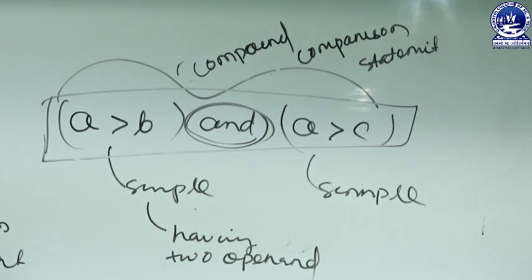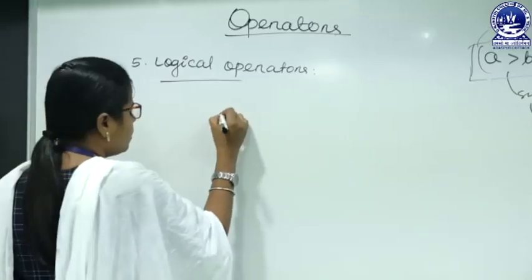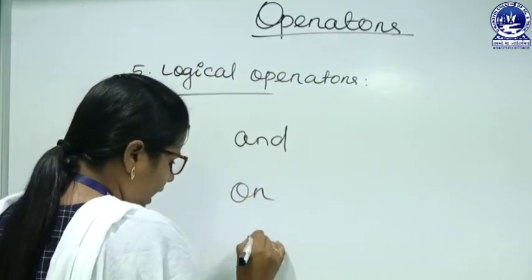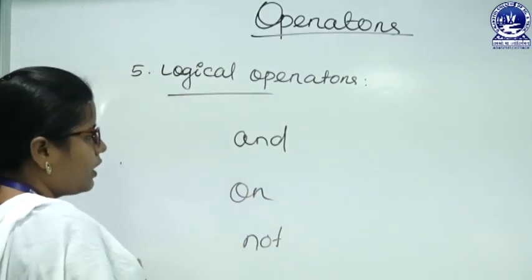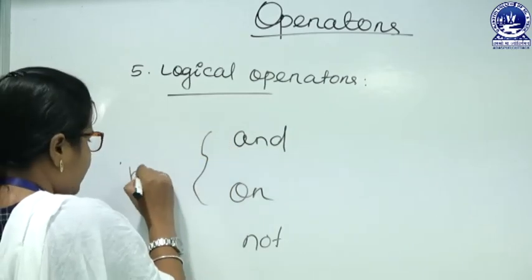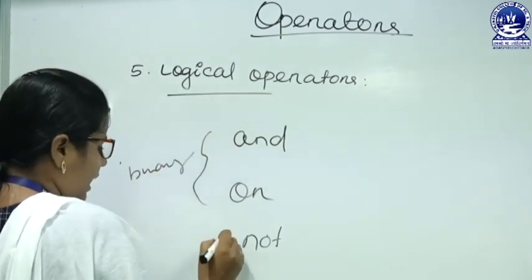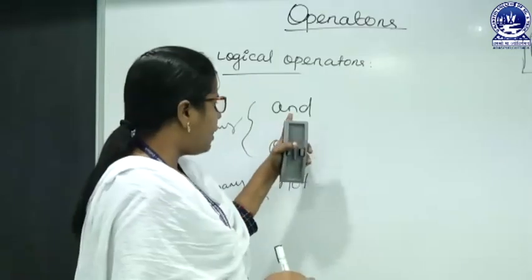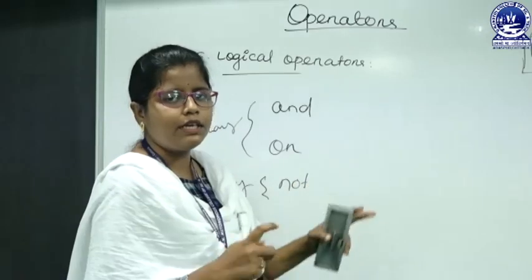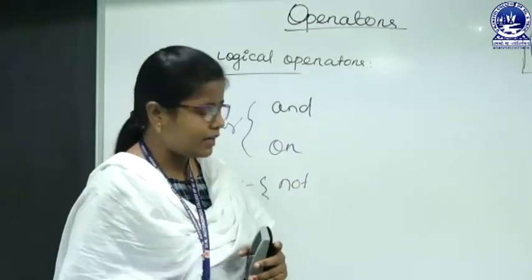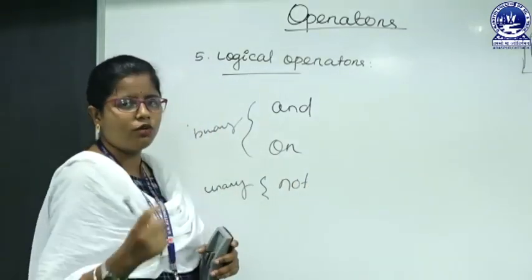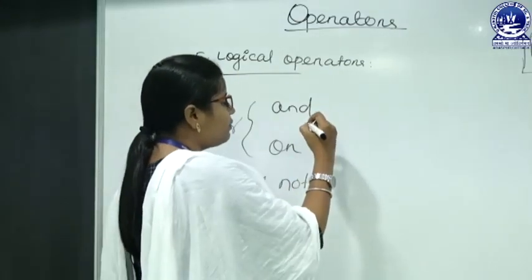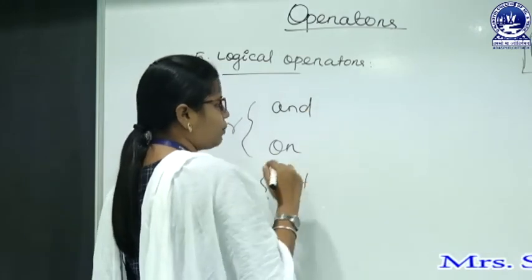Then what will be the result? We will see here. We have the AND operator, OR operator and NOT operator. The AND and OR operators are binary operators and NOT is our unary operator. That means AND and OR perform on 2 operands, but the NOT operator performs on a single operand. So, let us see what will be the result of AND, OR and NOT.